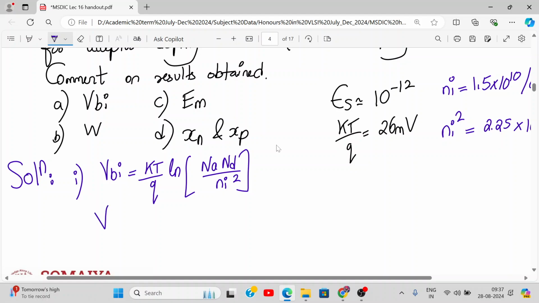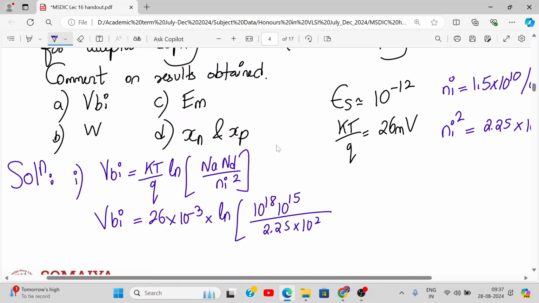So substitute it over here. VBI will be 26 into 10 raised to minus 3 into natural log of 10 raised to 18 into 10 raised to 15 divided by 2.25 into 10 raised to 20. Now calculate this.